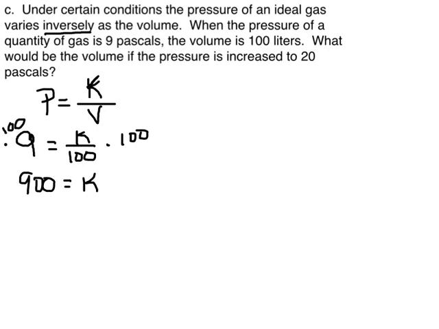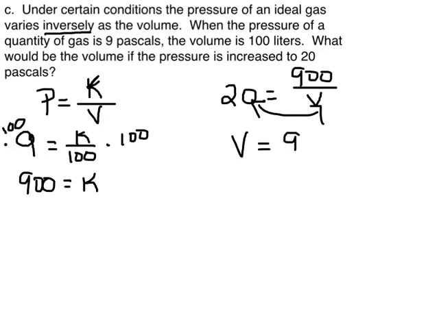If the pressure is increased from 9 to 20, 20 equals 900 over V. We're trying to find the volume. Alright, so we're going to switch the 20 and the V, switch places. V equals 900 divided by 20, and 900 divided by 20 is 45 liters.